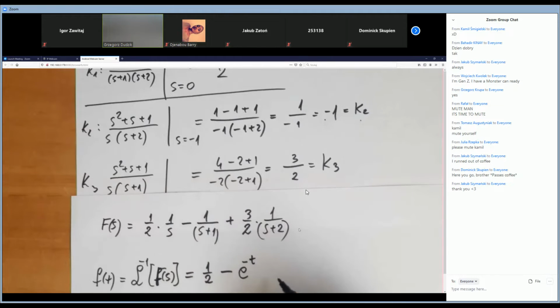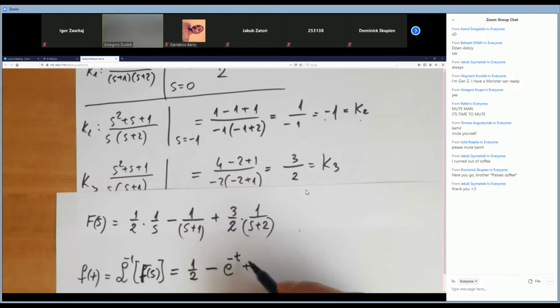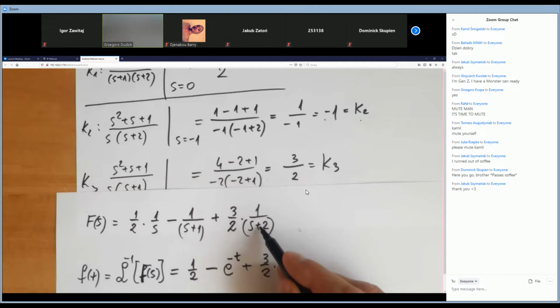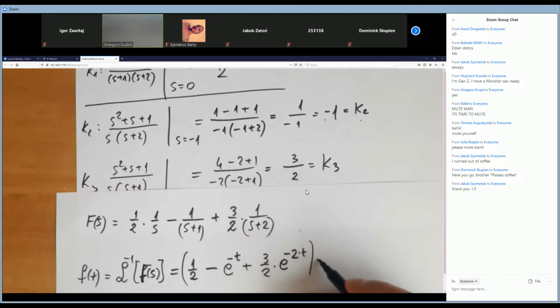Okay, plus the constant value here, it is 3 over 2 times the inverse Laplace transform of 1 over s plus 2, it is e powered to, here is the plus, so we've got minus 2 times t. And everything is multiplied by the unity function. That's all.